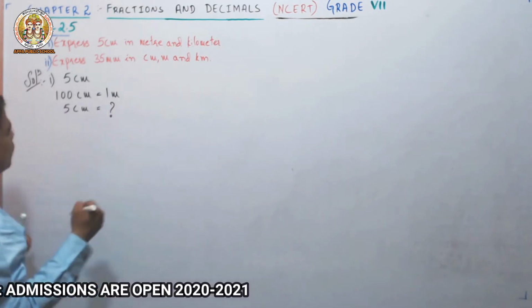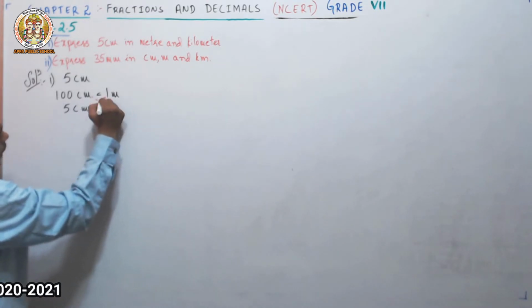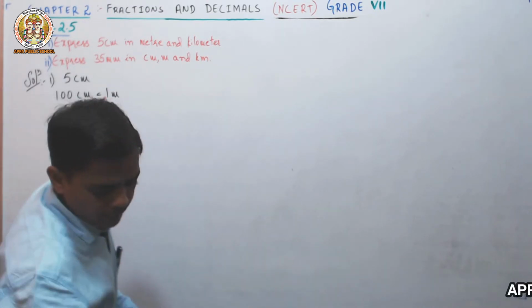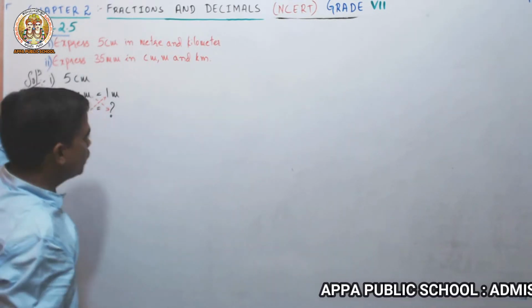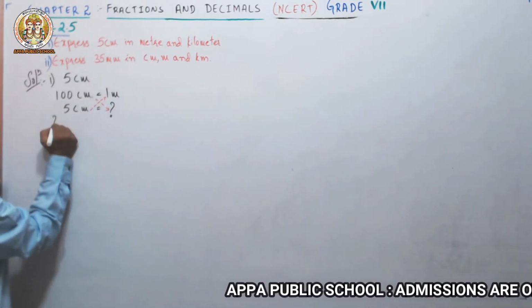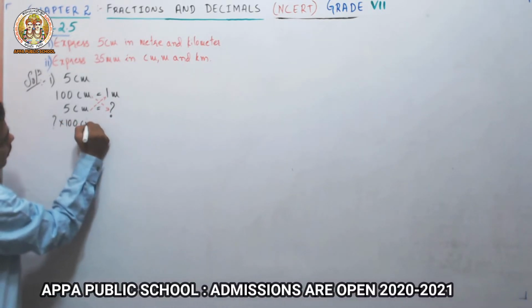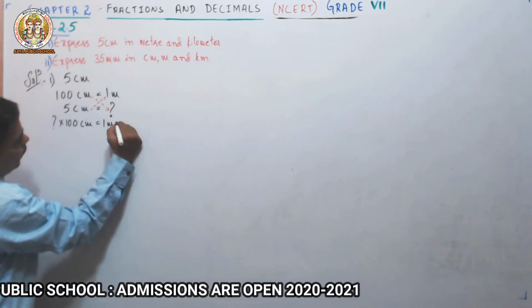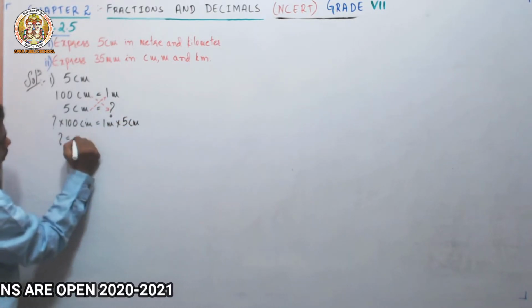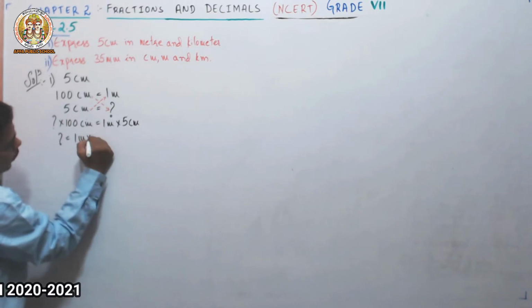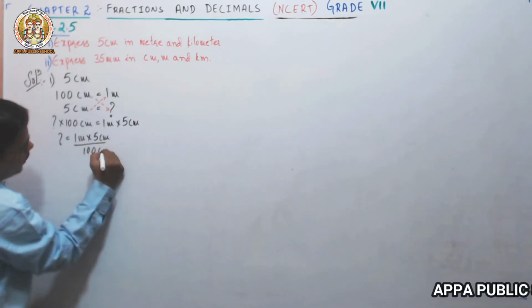You can take it as cross multiplication, or you can write 5 divided by 100, which is 0.05. Let me write the steps. Question mark into 100 centimeter is equal to 1 meter into 5 centimeter. So question mark is equal to 1 meter into 5 centimeter divided by 100 centimeter.